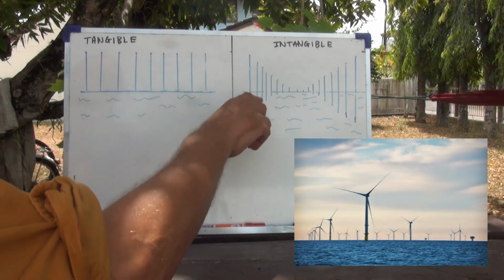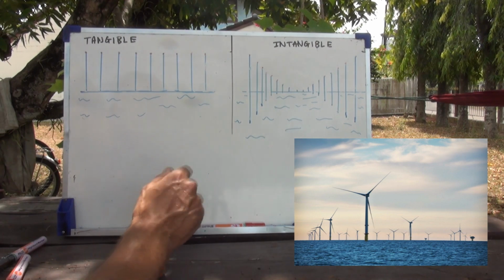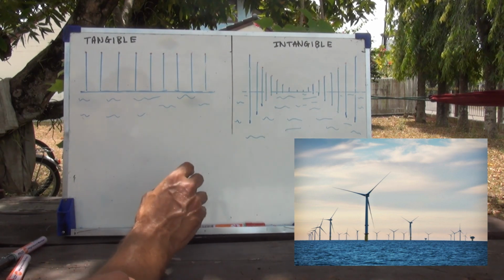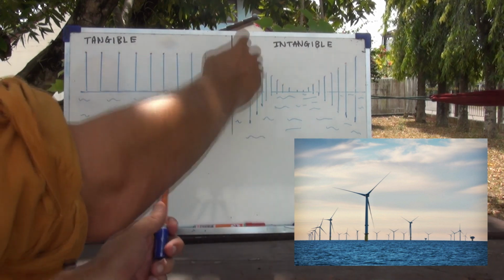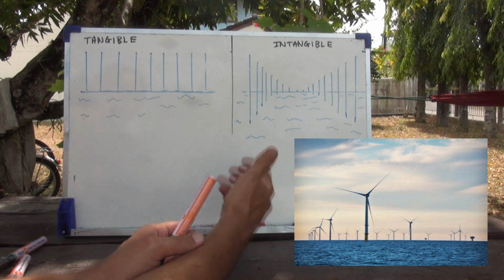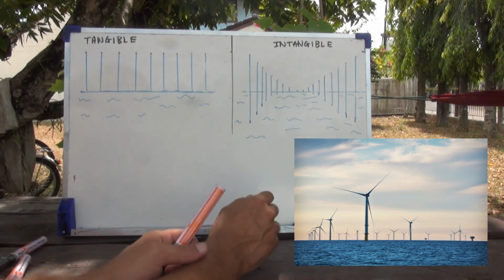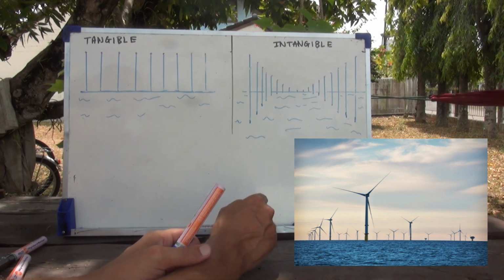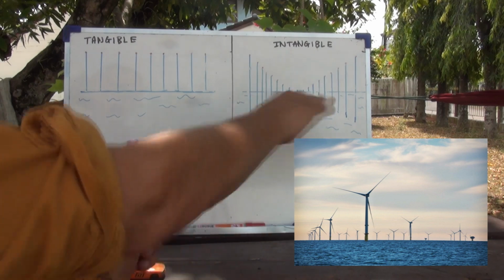We'll see these posts appearing to get shorter and shorter in the distance. And again, these might be measured. We might know that they are a certain height, but of course, as they go further away, they appear to be different height. Again, the surface is just level.